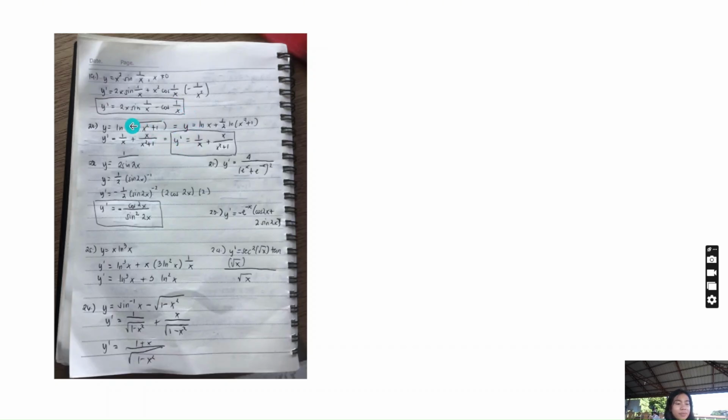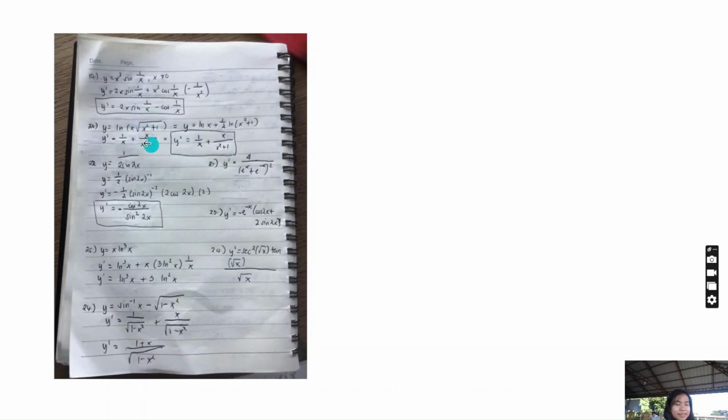Number 20, we are given the function y equals ln of the quantity x times the square root of x squared plus 1. So let's talk about the rule for the natural logarithmic function. We can rewrite this as y equals ln x plus 1 half ln of x squared plus 1, taking the derivative of this inner function.